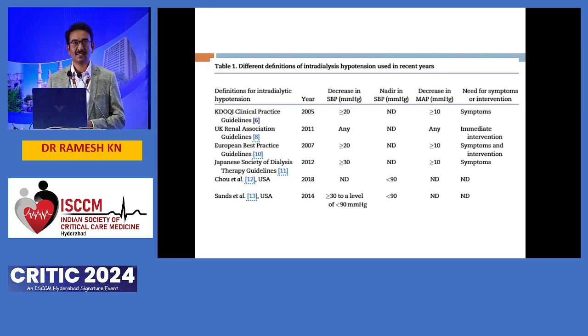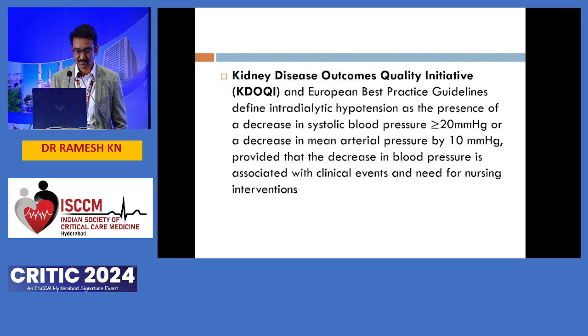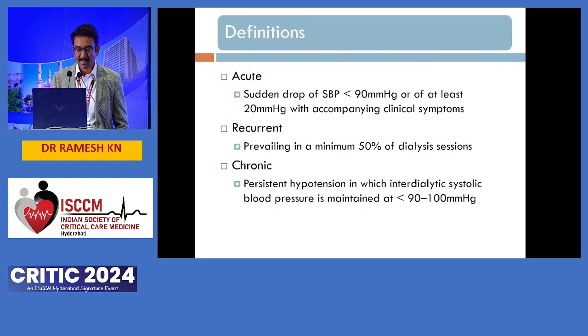Like in the Japanese definition, the systolic blood pressure drop is more than 30 millimeter of mercury, and in the US commonly they use the nadir of systolic blood pressure, which should be less than 90 millimeter of mercury. This nadir of less than 90 has a very good correlation with mortality during intradialytic hypotension compared to other definitions. There are various associated symptoms, like nausea, vomiting, dizziness, shivering.